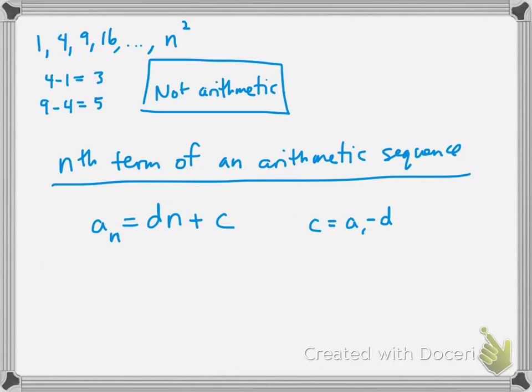Besides just finding the terms of an arithmetic sequence, we can also find the sum of those terms. And remember, this is what we call a series, the sum of a finite arithmetic sequence.